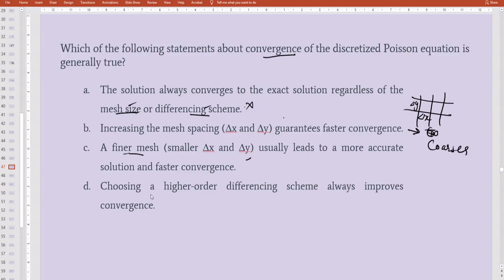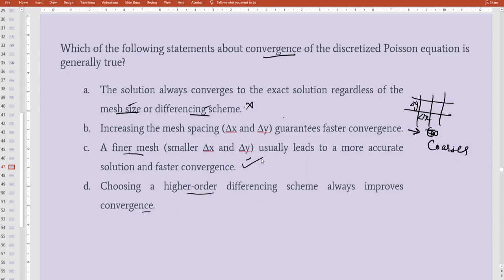Then option D, choosing a higher order differencing scheme always improves convergence. Choosing a higher order scheme may not improve convergence. It will be computationally difficult and it won't be easy to converge also.